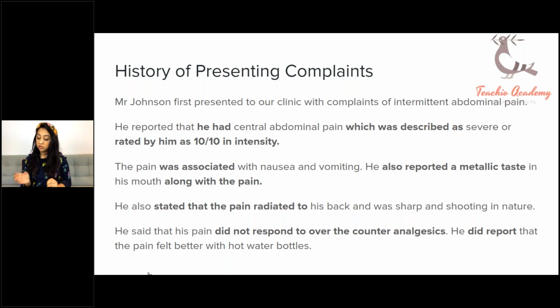Or you can write, he stated that the pain radiated to his back and was sharp and shooting in nature. Some people don't like to use the term and two times, which is, I think, something which might be driving your confusion here. So if you're not comfortable with that, you can write sharp or shooting, because we're not really using two ands then.